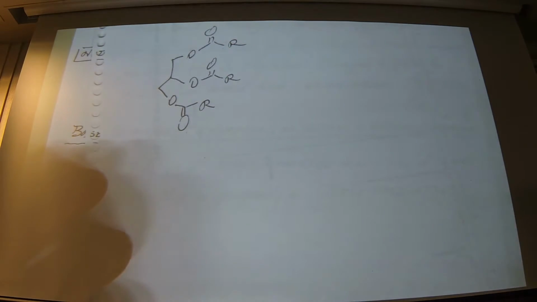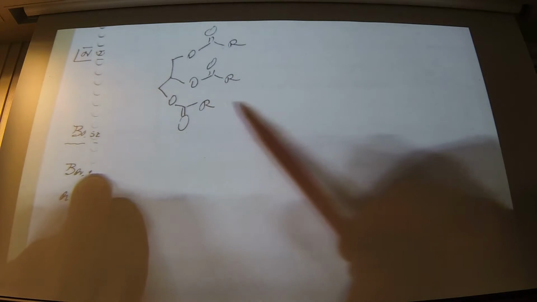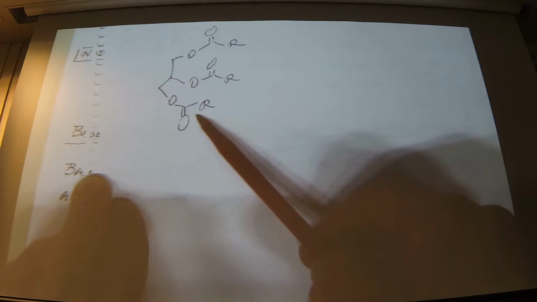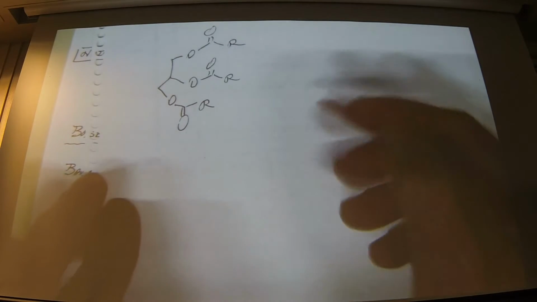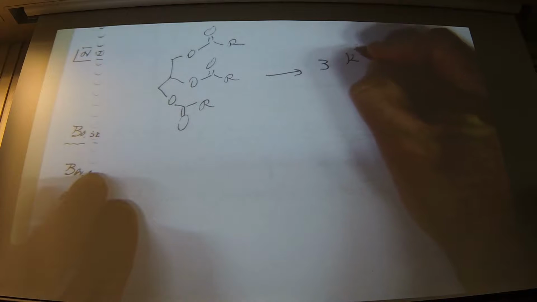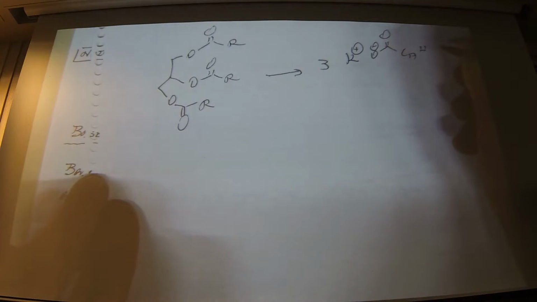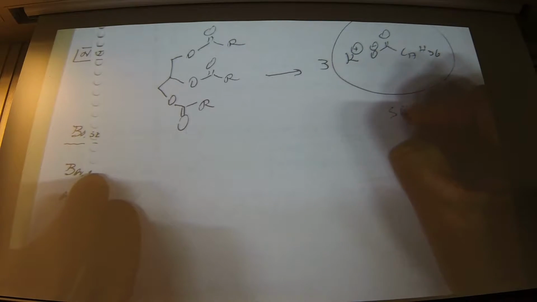It turns out these R groups are, if it's beef fat, a C17 piece, and if I hydrolyze that with wood ash, then I end up with 3 equivalents of potassium carboxylate. Okay, so that would be C17H, what is that, 34, 36. And so that would be my soap.